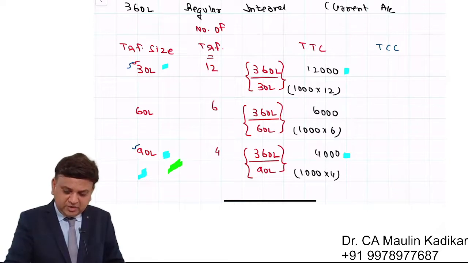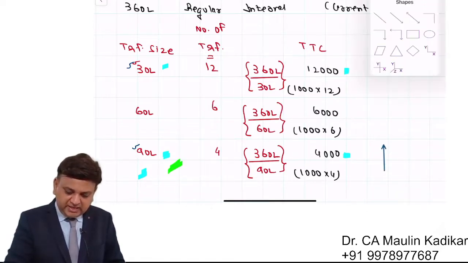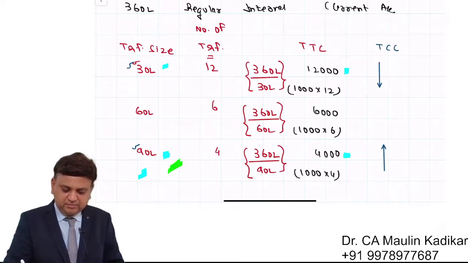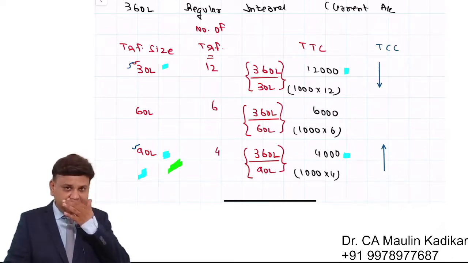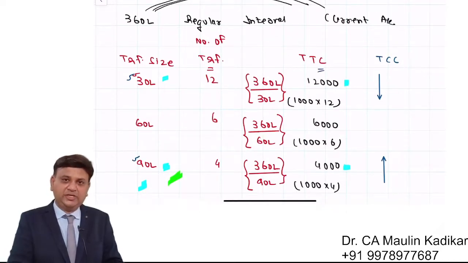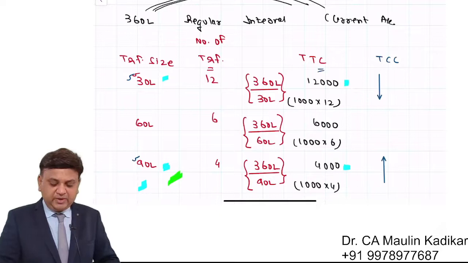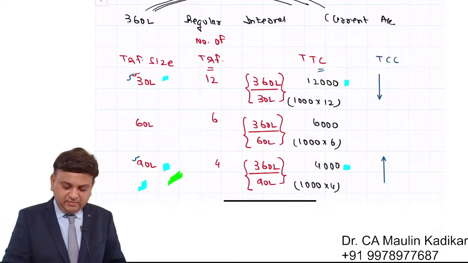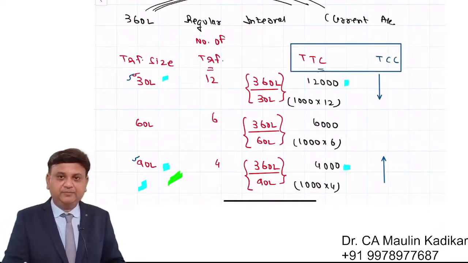So the total carrying cost would be more over here and less over here. Taking just this into account, we should not take a decision. We are required to take both of them into account for the purpose of decision making.